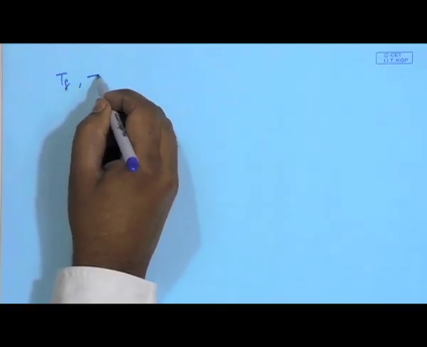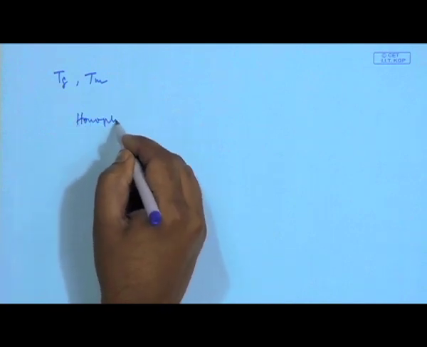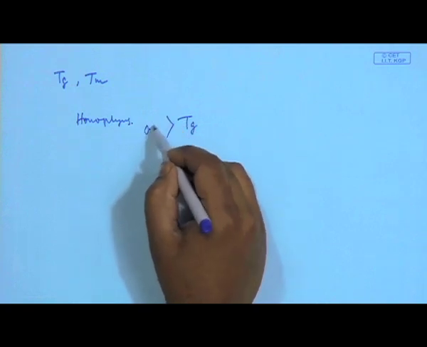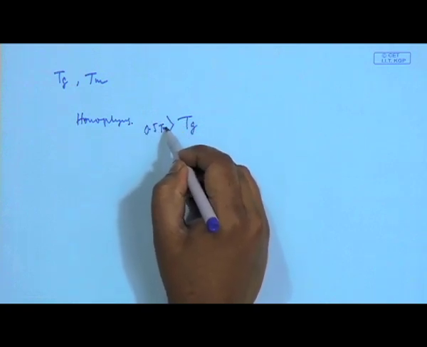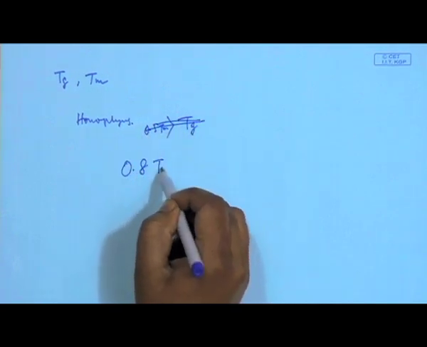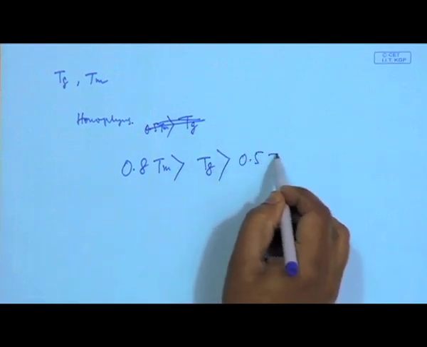Just quickly before we wrap up this discussion about this topic, Tg and Tm are quite related, and typically for homopolymers, Tg lies around 0.5 Tm.